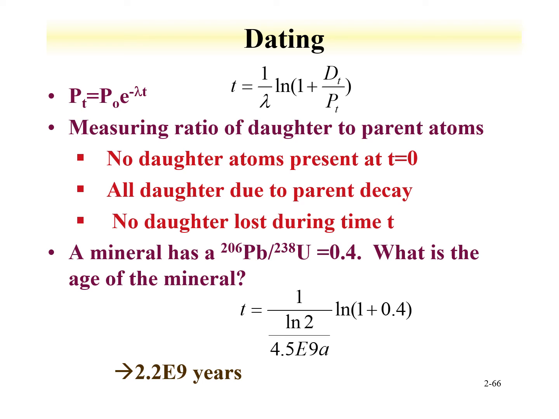So what we need to assume is that there was no lead-206 present at time 0 in this zircon, that all the lead-206 that is there is due to the decay of uranium-238, and that no lead-206 was lost during the lifetime of this material. What you could do for lead, if you were to evaluate if there was other lead present, is that lead has other stable isotopes, so you could determine how much lead there is.